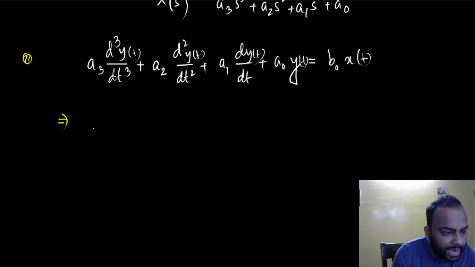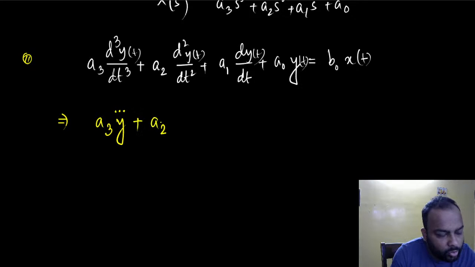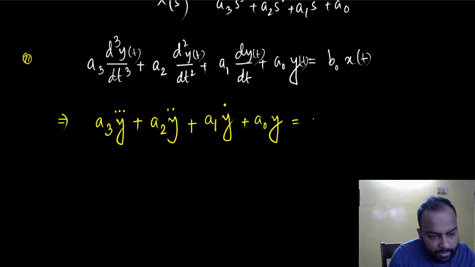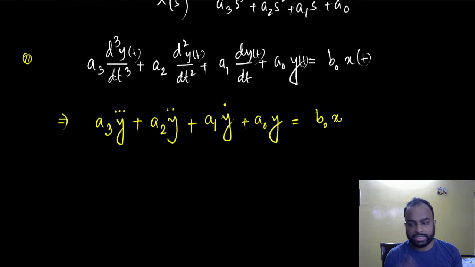I am writing this as a3 y triple dot plus a2 y double dot plus a1 y dot plus a0 y equal to b0 x. So these dots on top would mean derivatives with respect to time.